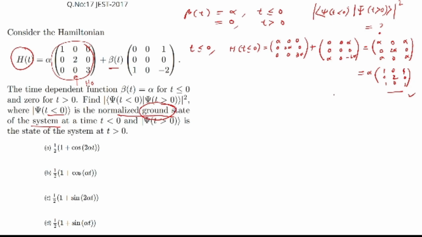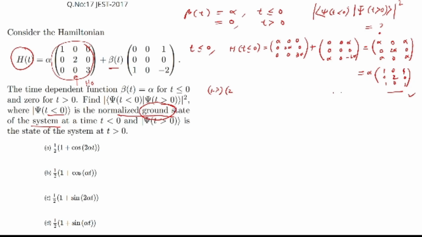So let's find the eigenvalues. Corresponding to the first row it gives 1 minus lambda, alpha is also there, so we can ignore alpha on both sides.